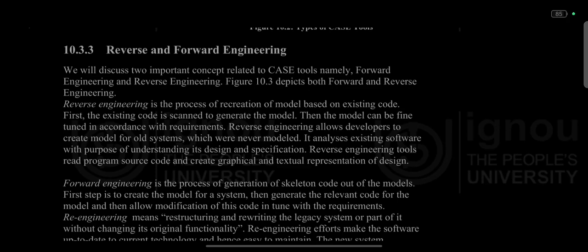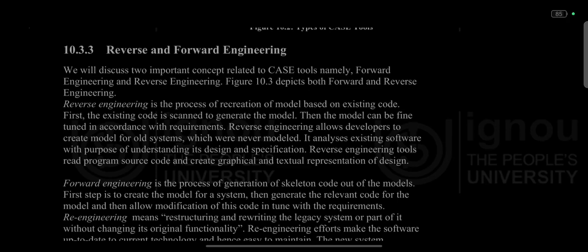Reverse engineering allows developers to create models for old systems which were never modeled. It analyzes existing software with the purpose of understanding its design and specification. Reverse engineering tools read program source code and create graphical and textual representation of design.